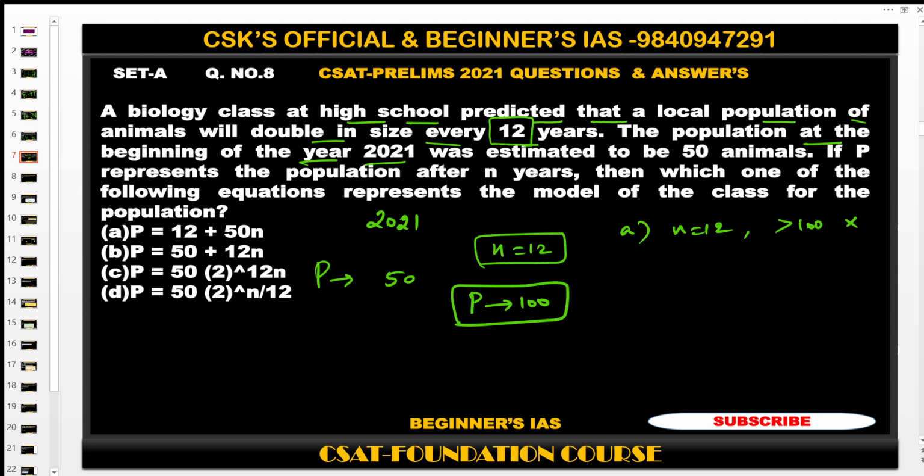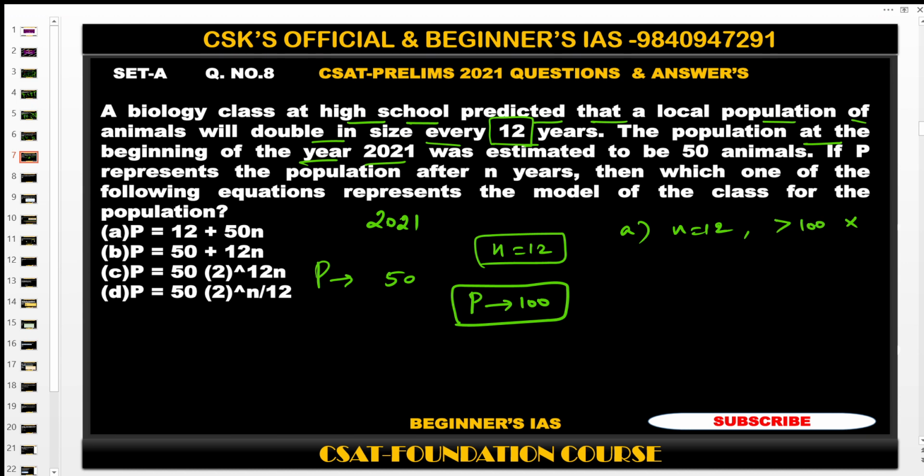Understanding why it exceeds? Exceed or below? 50 into n, where n is 12, exceeds, yes, correct. So that is not the answer. Hope you are getting the point, right? This is the logic behind this kind of question.